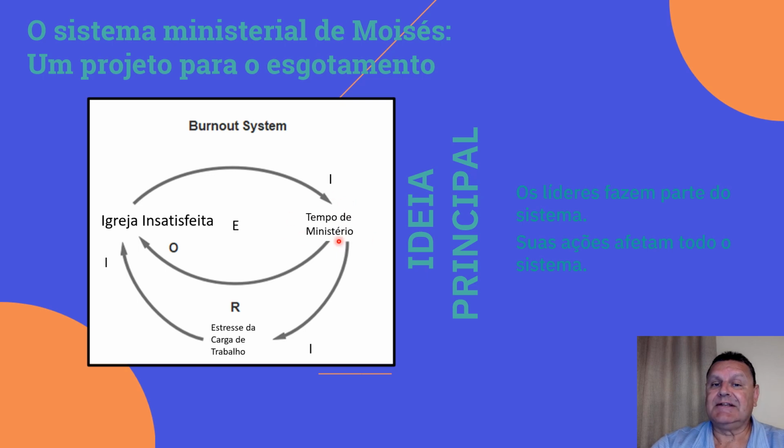So this didn't really balance anything out. Moses putting more time in didn't balance it out. It actually created a doom loop where it was making it worse, and that would eventually lead to burnout.